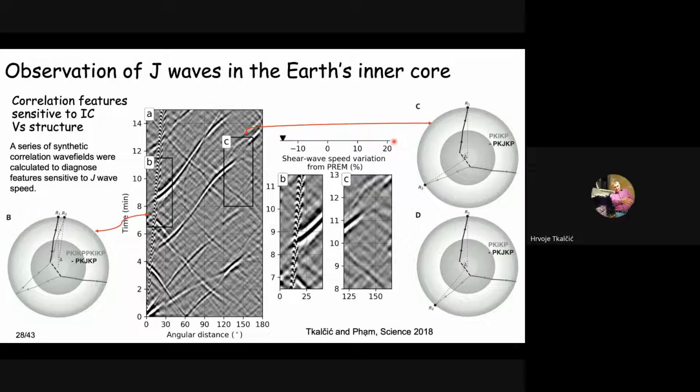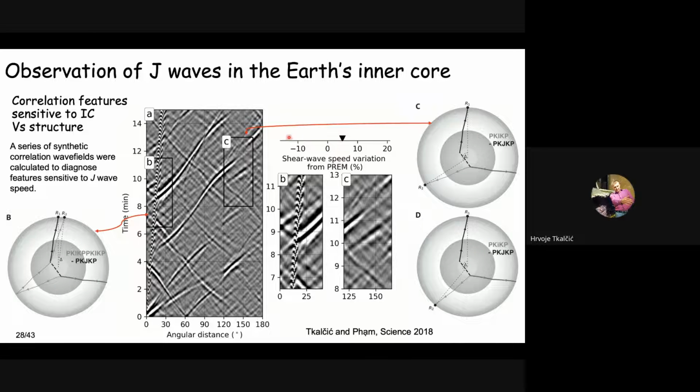And because the inner core is small, basically less than 1% of the volume of the Earth, you would expect that when you change something in the inner core, it wouldn't affect the global correlation wavefield that we see here. And if we can see the change, that means we have a method that's actually sensitive to the changes in the shear wave speed.